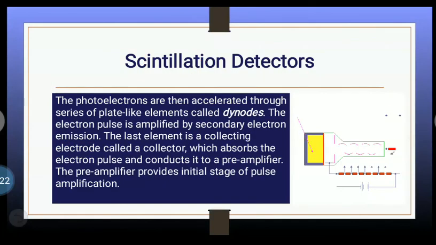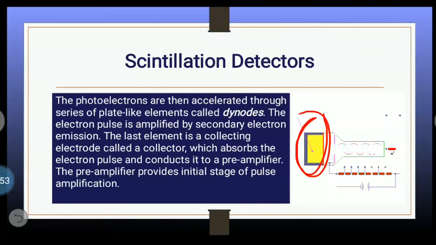The photoelectrons are then accelerated through a series of plate-like elements called dynodes. The electron pulse is amplified by secondary electron emission. You will notice it is a bit fast. From radiation, we get light.